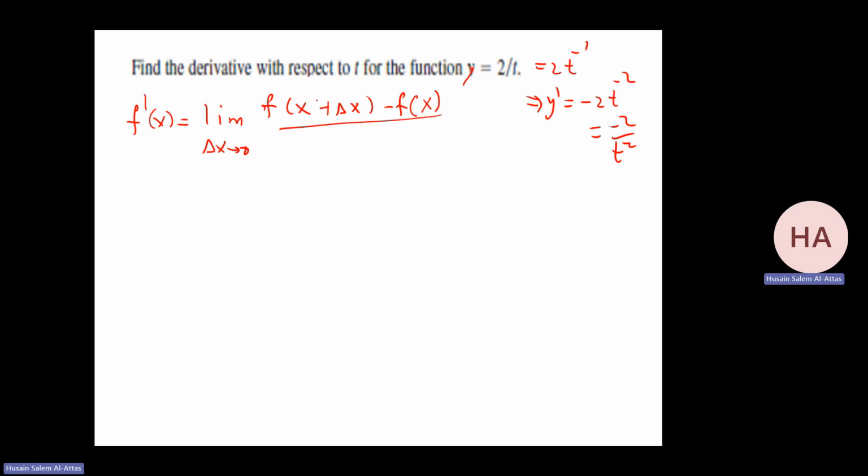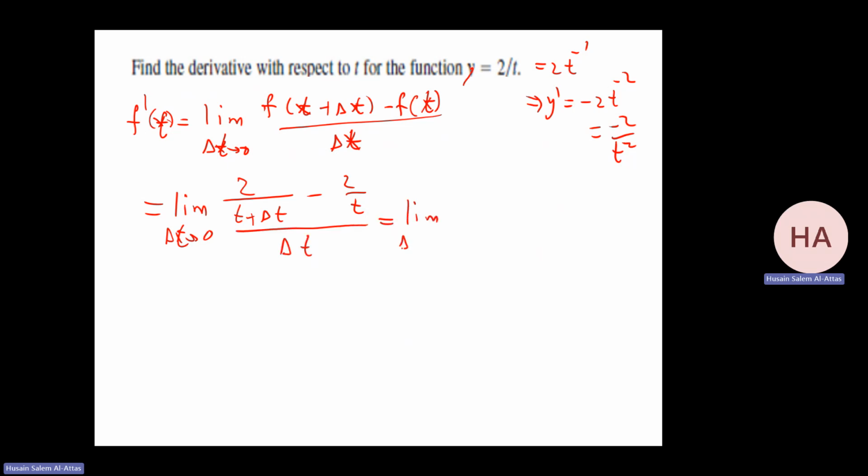Actually, I can make it t everywhere and work the things with t. I have the limit as delta t goes to 0 of 2 over t plus delta t minus 2 over t, all over delta t.